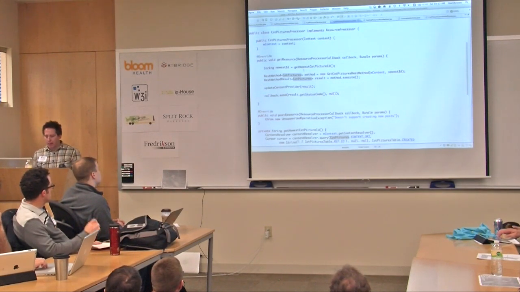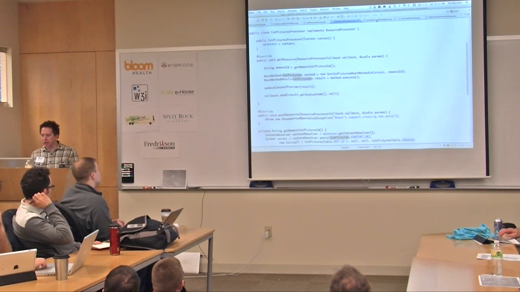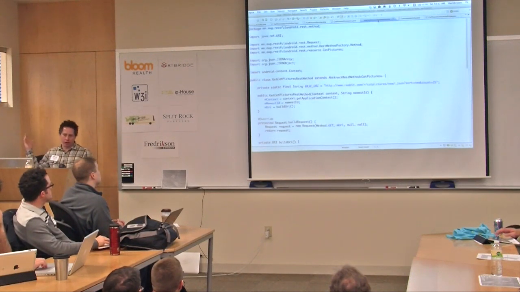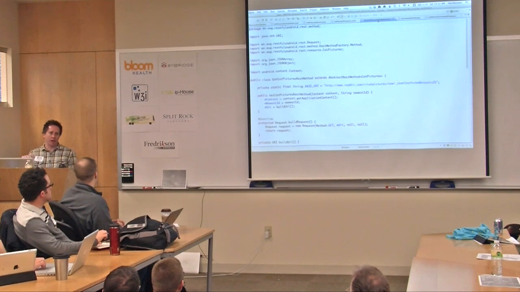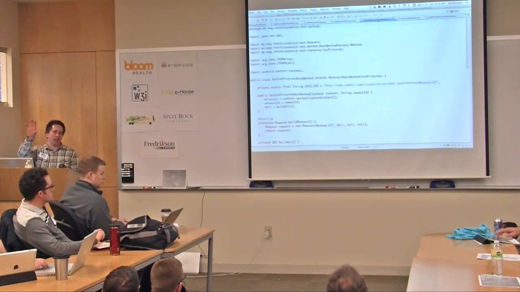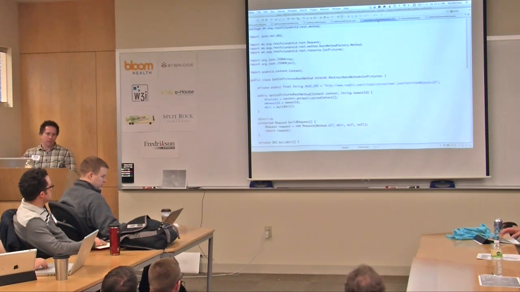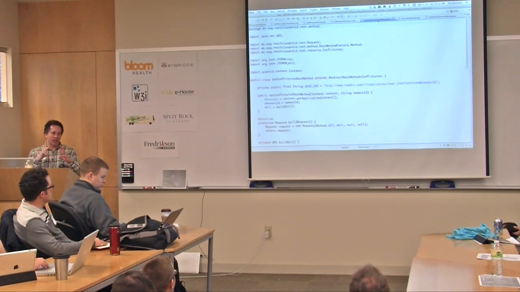That's why we have a get cat pictures REST method. There's going to be a post cat pictures REST method. And what the REST method knows is the actual semantics of whatever remote API. So in one place now we've combined tying ourselves to, in this case, Reddit cat pictures.